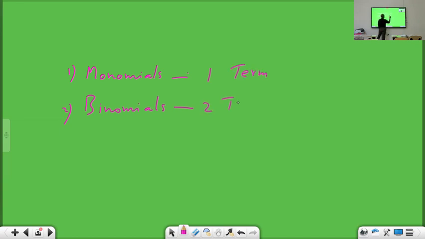One term, two terms, and trinomial, three terms. That means 2x plus 3 minus z is a trinomial. One term, two terms, three terms.